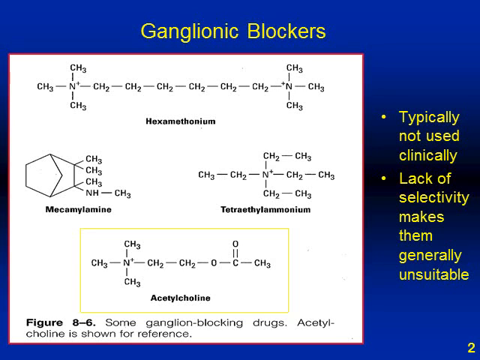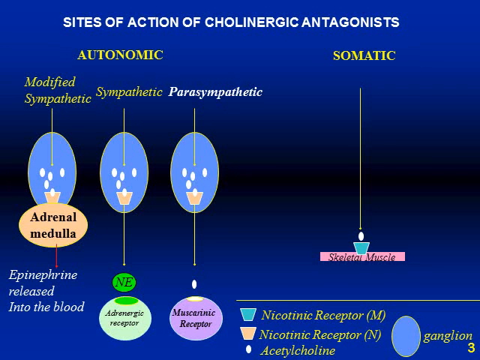And I want to talk a little bit now about some of the ganglion. Now again, think about where the ganglion, or where the ganglia, plural, are. They are the central hub that connects the first fiber to the second in both the sympathetic, parasympathetic, and modified sympathetic ganglia. Remember that first fiber coming out of the CNS releases acetylcholine, depicted here in the ganglia as a white circle.